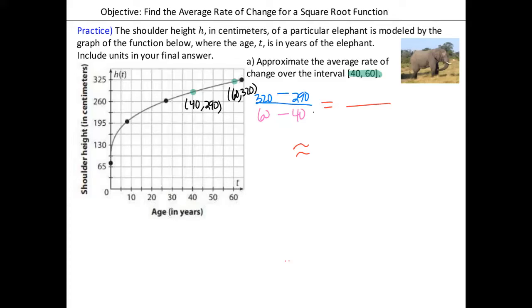After you subtract, what did you get for your fraction? 30 over 20. Thank you. And then what do we get for our answer? 1.5. Thank you. And our units? Centimeters per year. It's always the y's over the x's. Awesome. Okay.